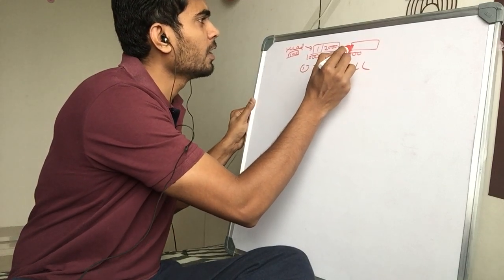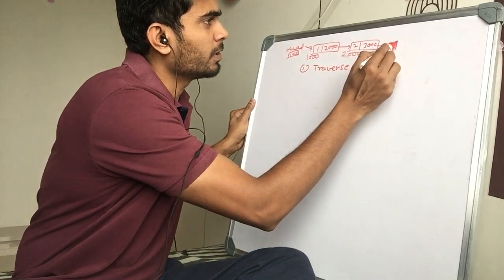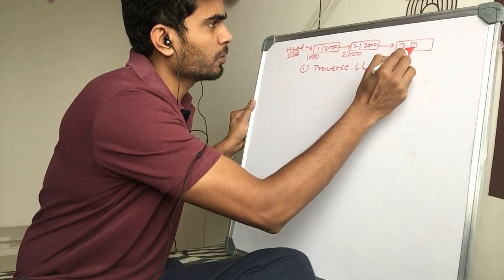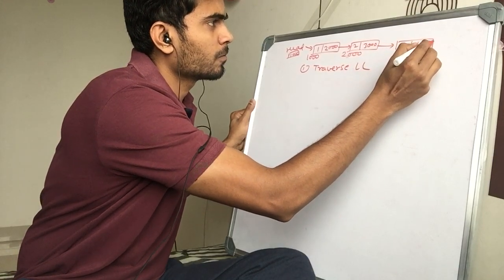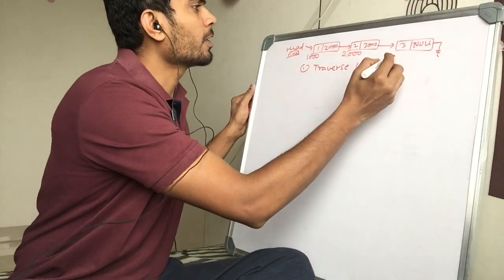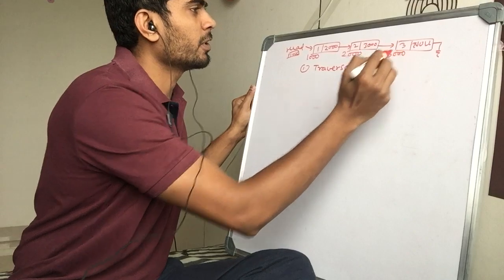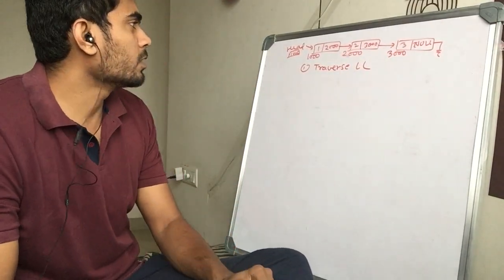This is 2, and say it is storing 3000, which is pointing to the next node, and say this is null, that means it's not pointing to any other location, and this is address 3000. So now we want to traverse the nodes in this linked list.